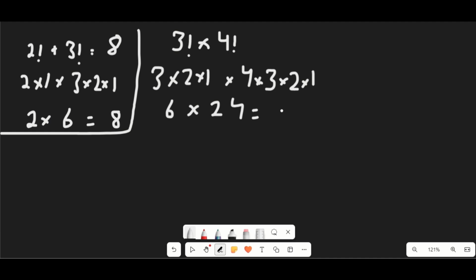And 6 times 24 is 144. So there it is, we've got our answer. 3 factorial times 4 factorial is equal to 144. So now we know how to add factorials and how to multiply factorials.